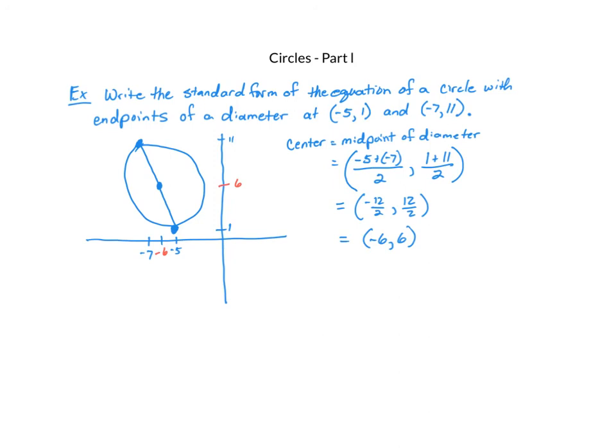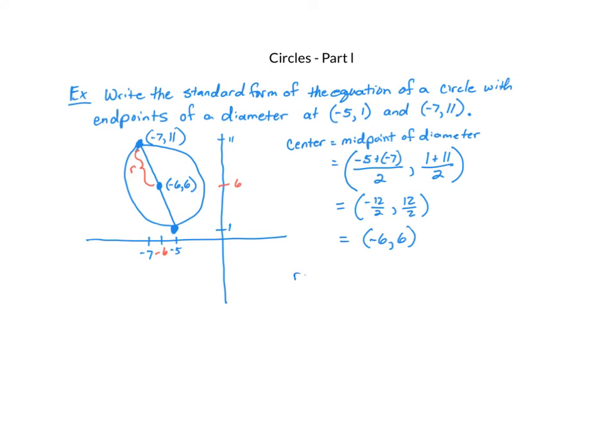But now that we have the center, this point right here is -6, 6, and we have a point, in fact, we have 2 points on the circle. I can use this point right up here, -7, 11, and I can use the distance formula to find this distance, which we know is the radius.